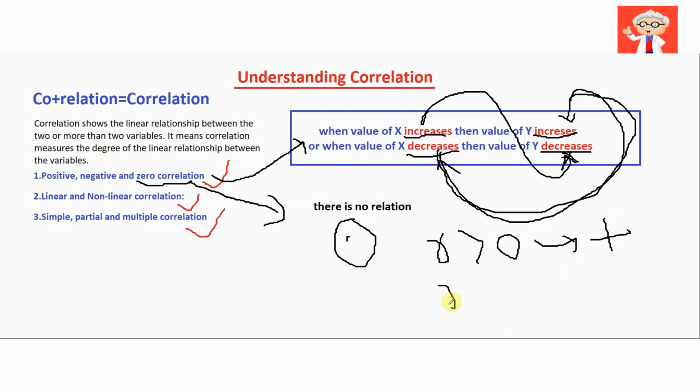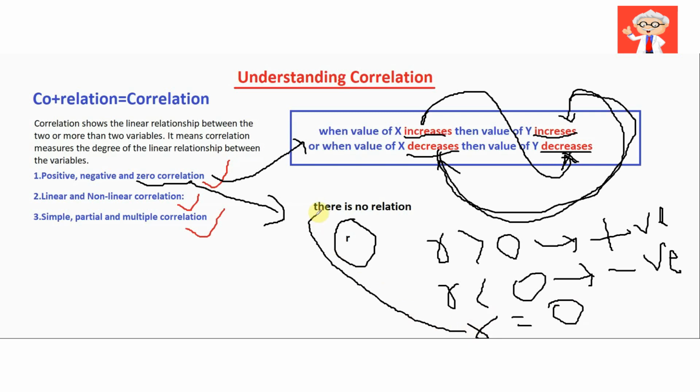And when r is less than 0, then it is called negative correlation. But when r equals 0, this is called no correlation.